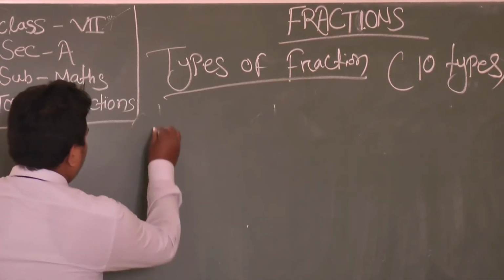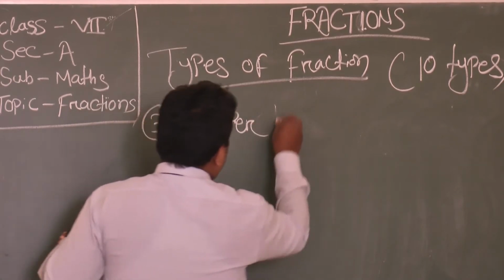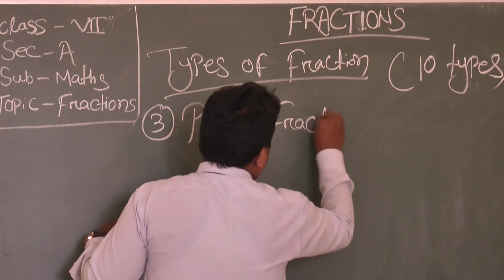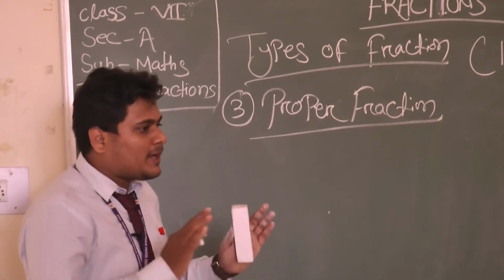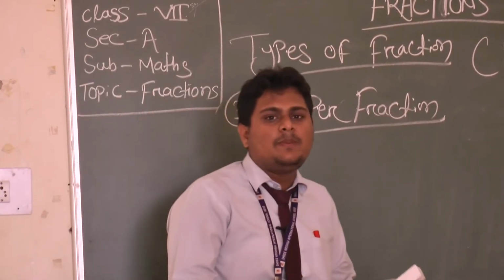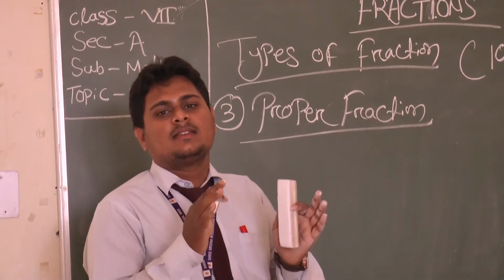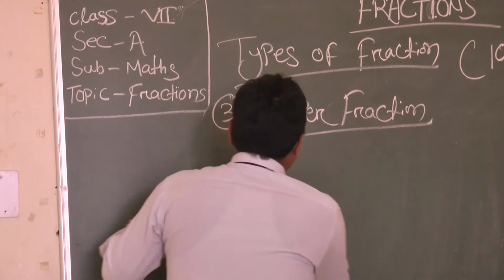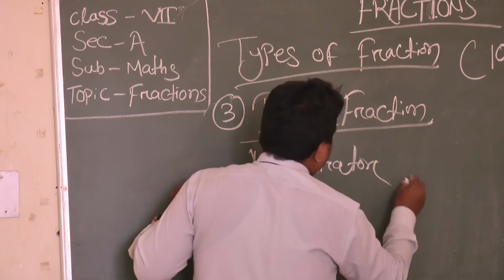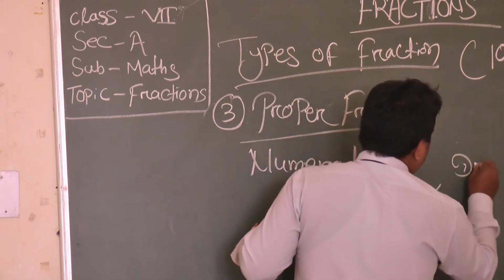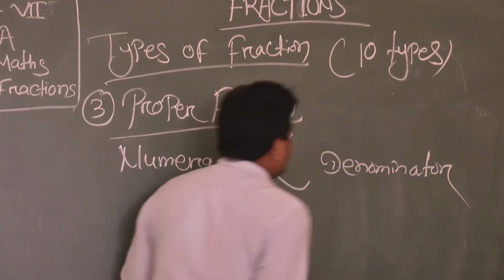Third number is proper fraction. What do you mean by proper fraction? Proper fraction means the numerator will be less than the denominator, smaller than the denominator.